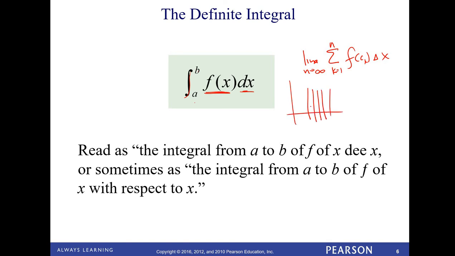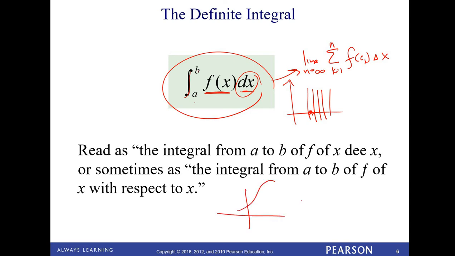My x-axis has my little dx's. So it's a much shorter way of writing it than this. It means the same thing. We read it as the integral from a to b of f of x dx, or sometimes the integral from a to b of f of x with respect to x. So dx means with respect to x. So the integral from a to b of f of x dx means that for my f of x function, from a to b, I am going to find my area.